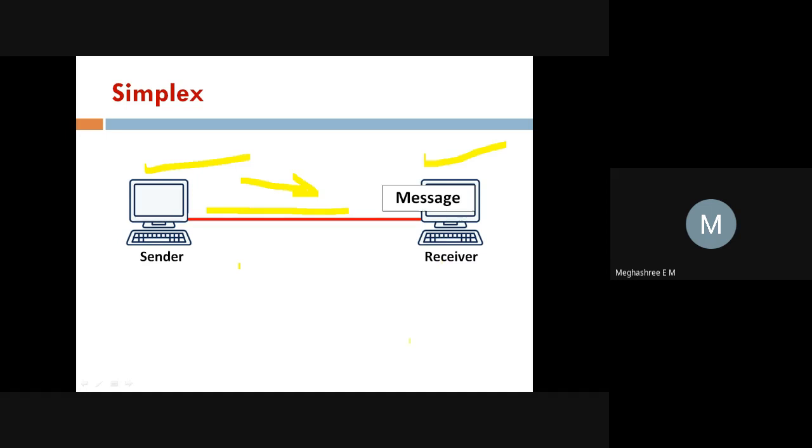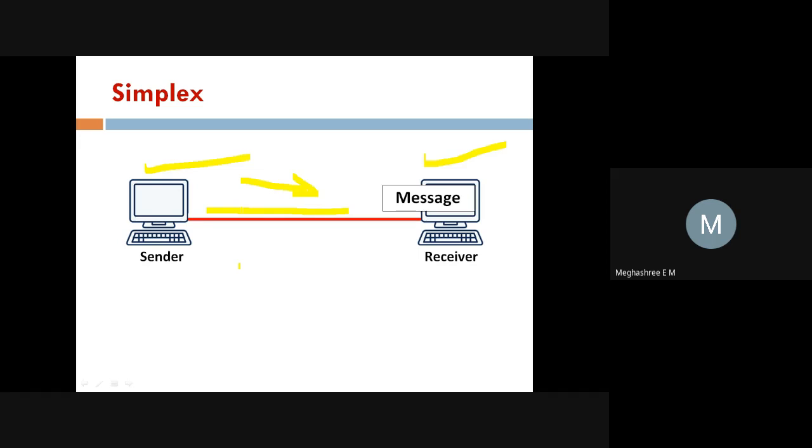The best example for this simplex mode is the keyboard. When you press a letter or any character or any key on the keyboard, that will be transmitted to the system. So that is simplex mode. Another example is traditional monitors.